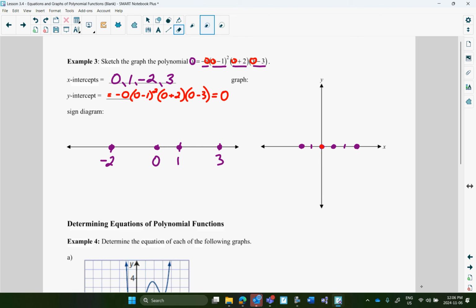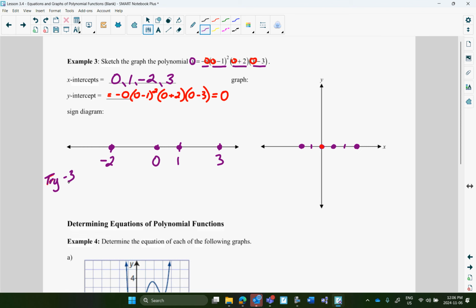Okay, now I got to figure out whether it goes through or bounces back and whether it starts above or below. So I'm going to go furthest left. I'm going to try a number to the left of -2, -3. Now you got to be careful here because you're going to plug -3 in.